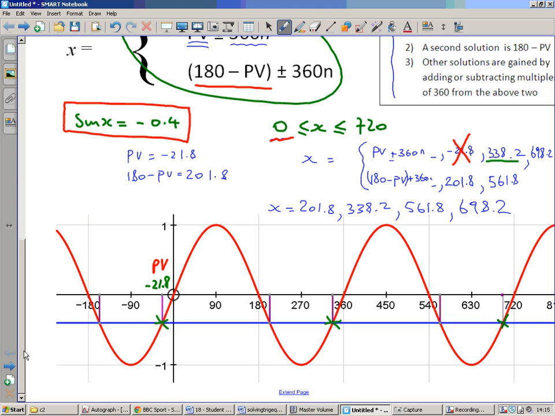So from the top branch, that was the principal value here. We got that one, that one, and that one.